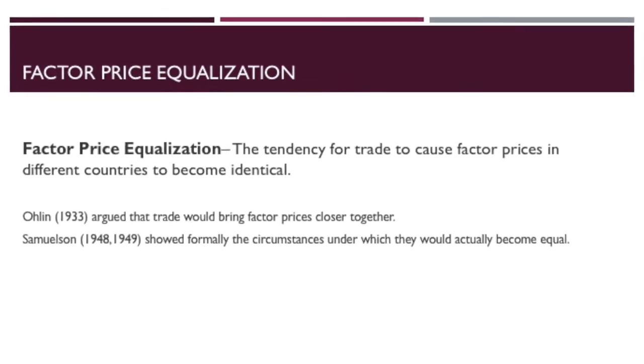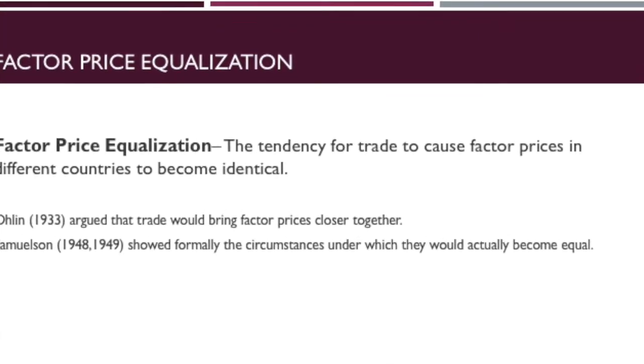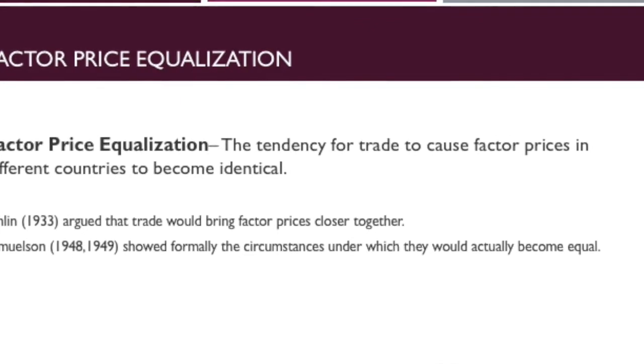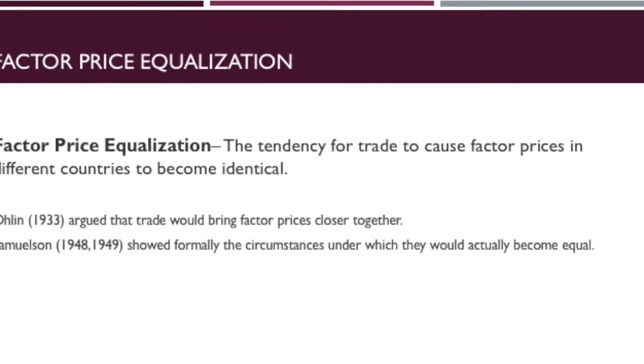This probably makes intuitive sense to some of you, because when you think about, for example, the United States and China becoming intensive trading partners, trading all kinds of goods and services with each other, there's some argument that the relatively low wages of many Chinese manufacturing establishments are putting downward pressure on, or limiting the upward rise of, wage rates in the United States. So you're seeing wage rates as a factor price converge, in some sense, as the countries become more intensively linked via trade.